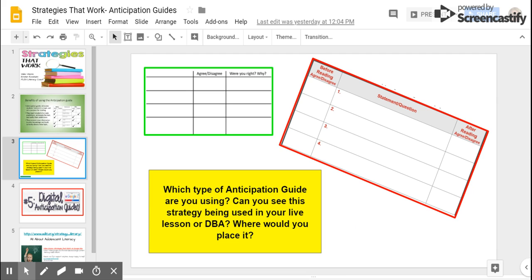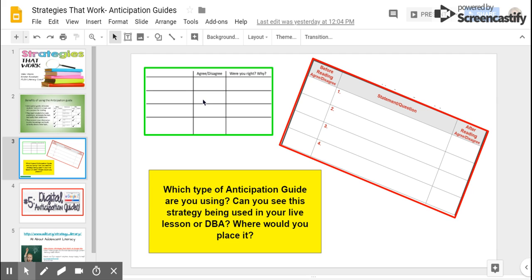What I really like about this one in the top left-hand corner is when you come back to revisit it, you make the kids prove their new knowledge. You don't just let them agree or disagree or rate themselves on how they feel about the new knowledge. You make them prove their new learning.